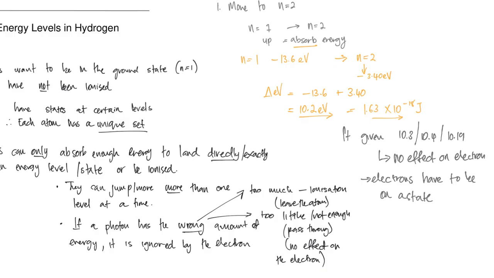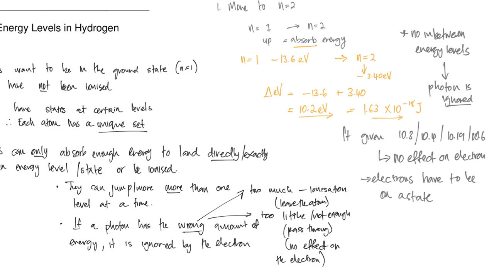They cannot be in between. Alright, so make a note there. No in-between energy levels. And if this happens where they've given you 10.3 or 10.4, even 10.6, the photon is ignored and it passes right through.